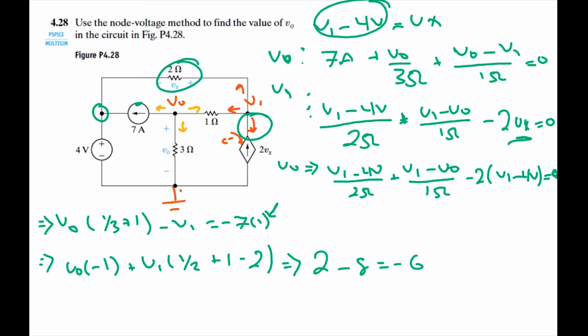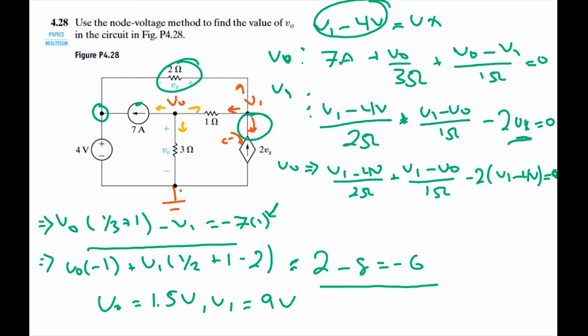So all this will equal this. And then we can just solve: V0 is equal to 1.5 volts and V1 is equal to 9 volts.